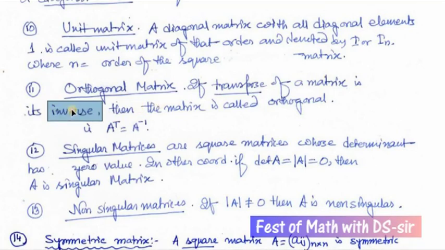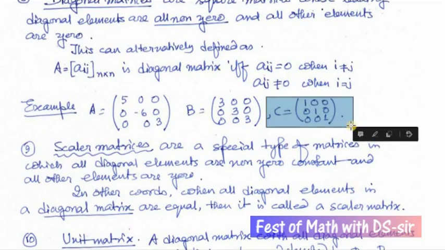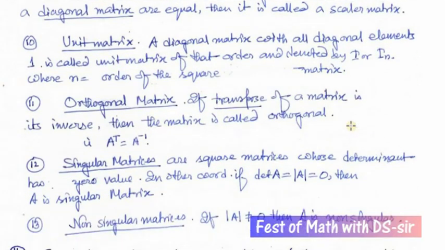Likewise, in that case also, A into B is equal to B into A is equal to I, and A and B are called inverse to each other. Now see, if the transpose of a matrix is its inverse, you find A transpose, very easy: convert rows to columns and columns into rows, and that represents the inverse of it. Then the matrix is called orthogonal.